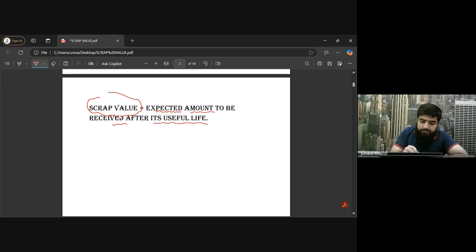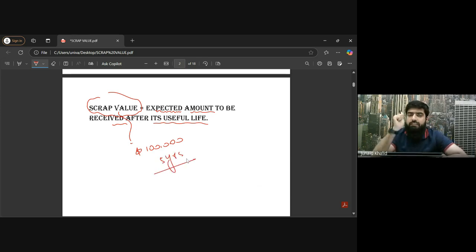For instance, if I state the scrap value as $100,000 and the life of that asset is 5 years, it means that after using that asset for a period of 5 years, I will receive 100,000. It's an expected amount. Obviously, it's not an actual value. It's an estimated amount that I will recover after its useful life.